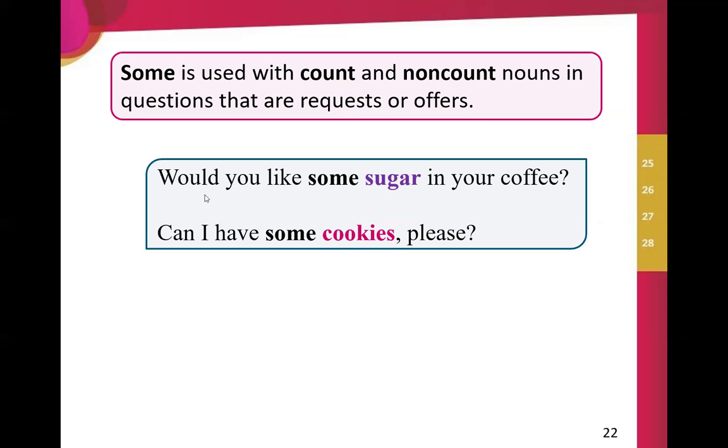For example, would you like some sugar? I'm offering you some sugar in your cafe. Or can I have some cookies, please? I'm asking you to give me some cookies. So this is a request. This question is for a request, not for knowing the answer.